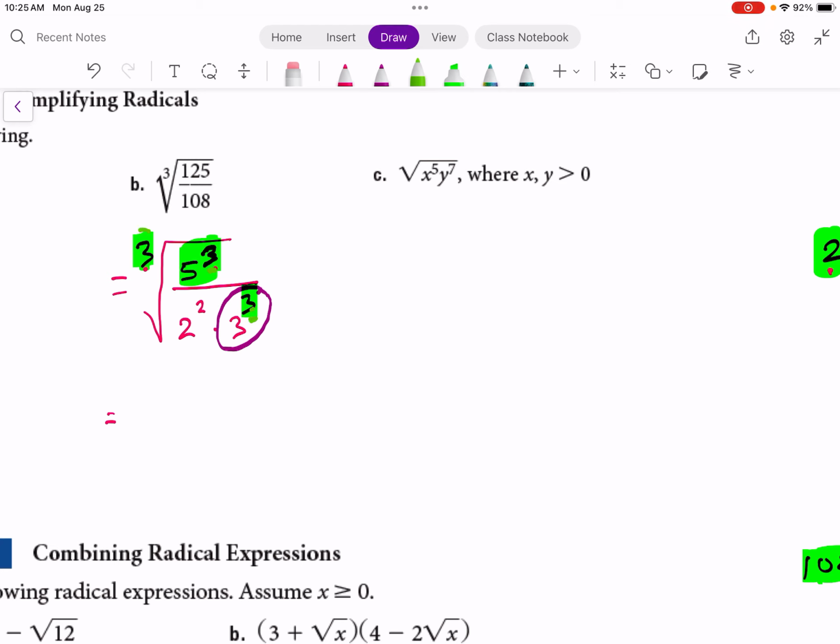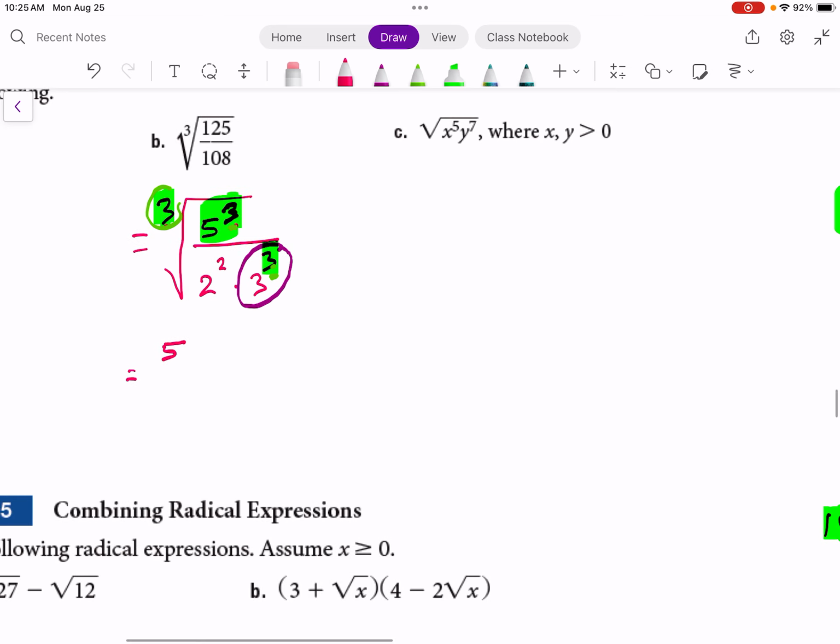This 3 and this index 3 are the same, so 5 we have in the numerator, so let's write it outside, and in the denominator we have 3. Now we still have the radical sign because this radicand does not have an exponent 3, so it stays inside. In the numerator there is nothing, meaning we have 1 divided by 2 square.